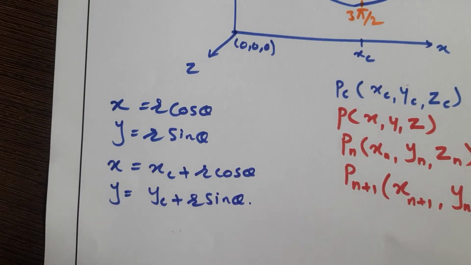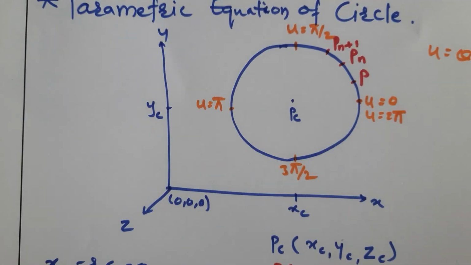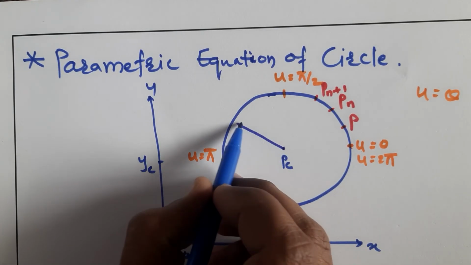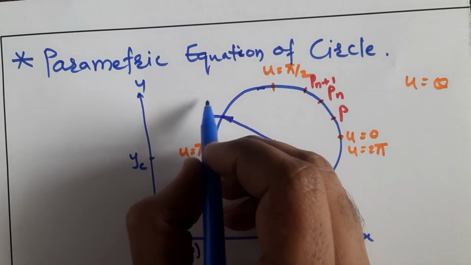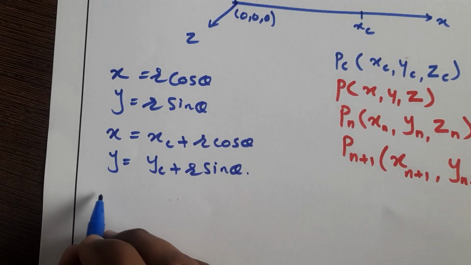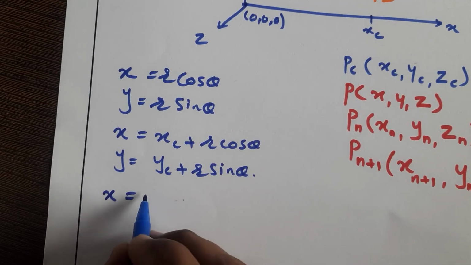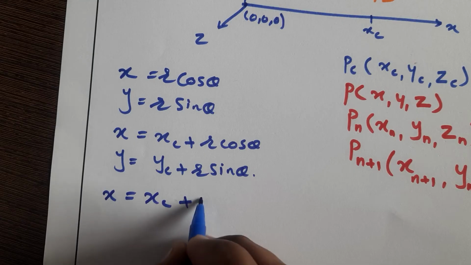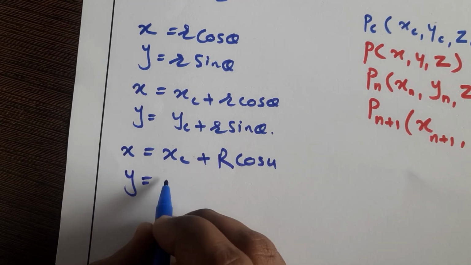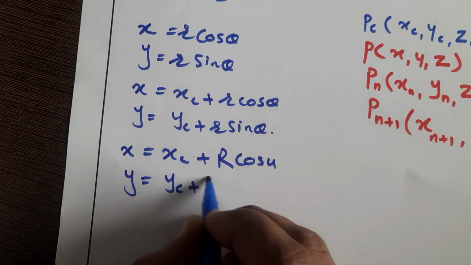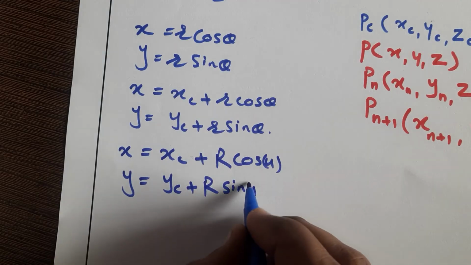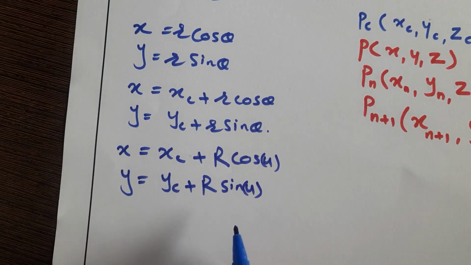But here instead of theta we are using u, and we are assuming that the radius is capital R. So we will rewrite these equations. x is equal to xc plus capital R cos of u, y is equal to yc plus capital R sin of u, where u is nothing but a parameter.